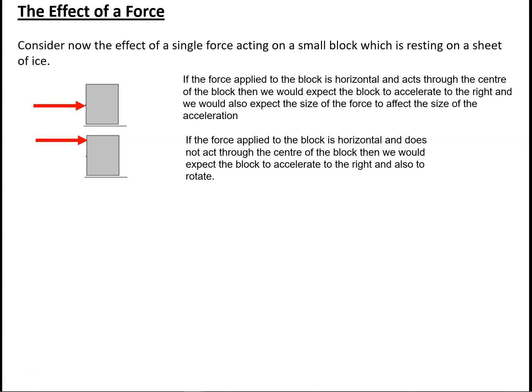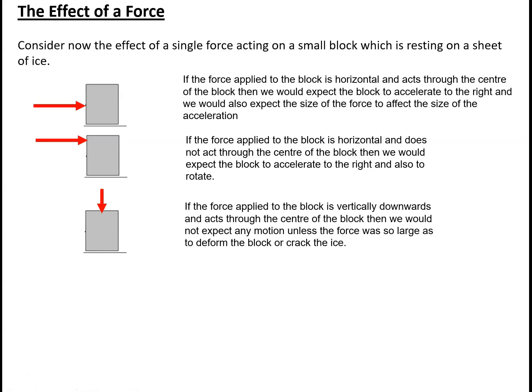If the force applied to the block is vertically downwards and acts through the centre of the block, then we'd not expect any motion at all unless the force was so large as to deform the block or crack the ice. If the force is applied obliquely to the block, then the block would be expected to both slide and topple a little bit.